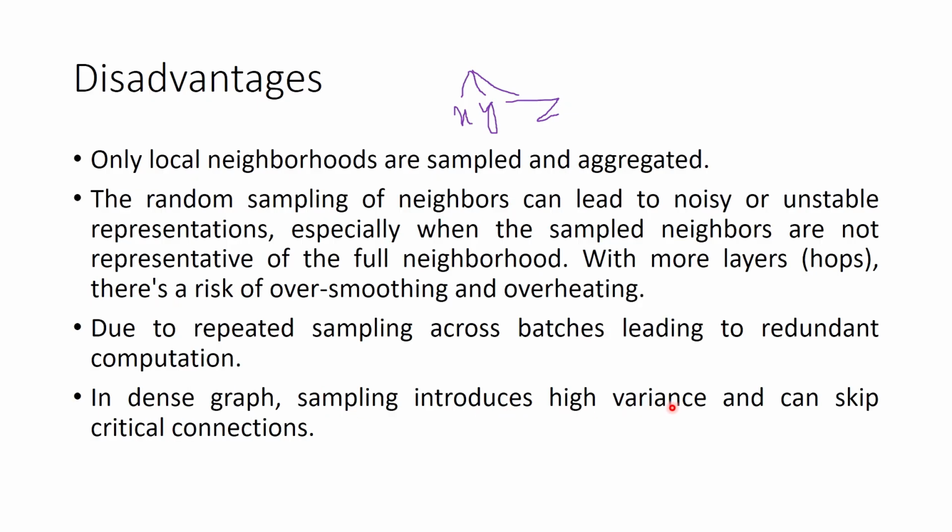In dense graphs, sampling introduces high variance and can skip critical connections. Let's say we have a dense graph. Sometimes it is possible that our whole sample cannot get much information, or it will get high variance, which is also a statistical problem.